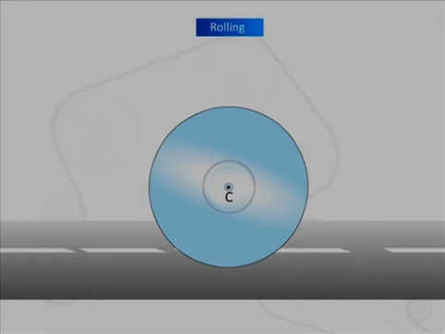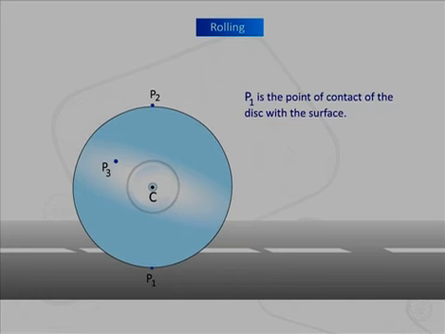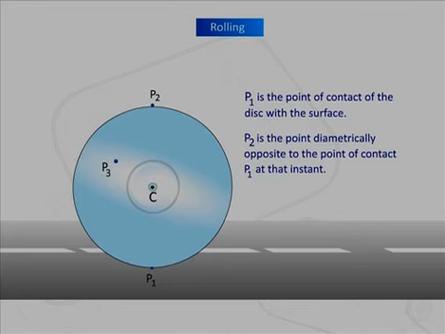Now let us consider 3 points on the disc, P1, P2 and P3, as shown. P1 is the point of contact of the disc with the surface. P2 is the point diametrically opposite to the point of contact P1 at that instant.